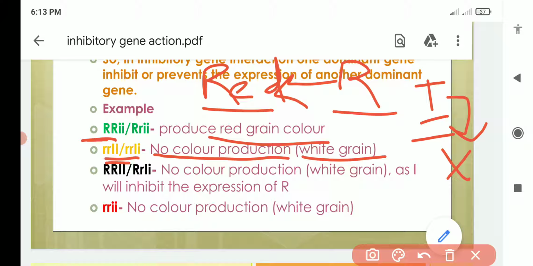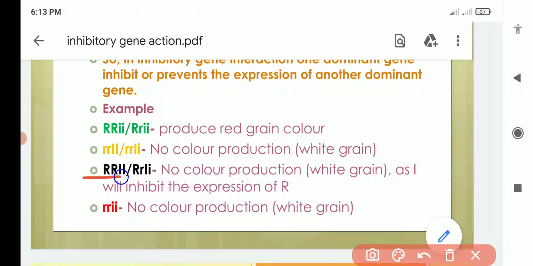When both genes are there together, capital R, capital I, either in the homozygous state or capital R, capital I, small i, that means capital R and capital I are both present together, here also no color production will be there.